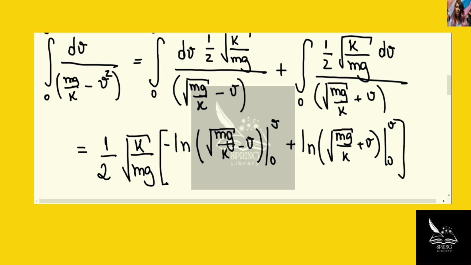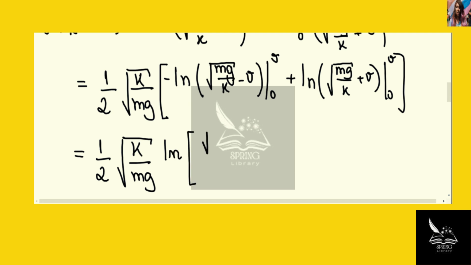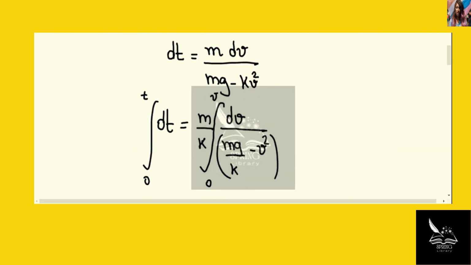Okay, so then notice that this is equal to 1/2 of the square root of k over mg times the logarithm of the square root of mg over k plus v divided by the square root of mg over k minus v. Okay. So now we can go back to our equation, this one here.